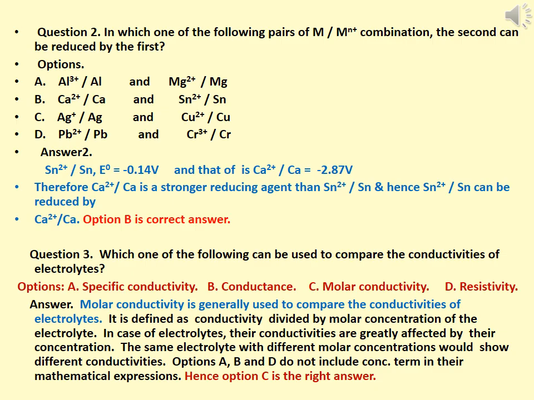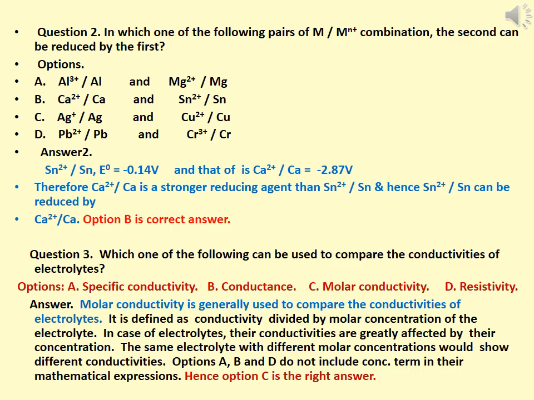Question number 3. Which one of the following can be used to compare the conductivities of electrolytes? A. Specific conductivity, that is kappa. B. Conductance, which we can represent by the symbol G. C is molar conductivity, lambda m. And D is resistivity, which is rho.